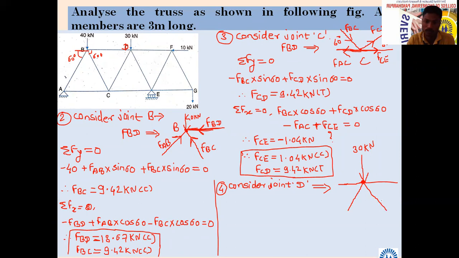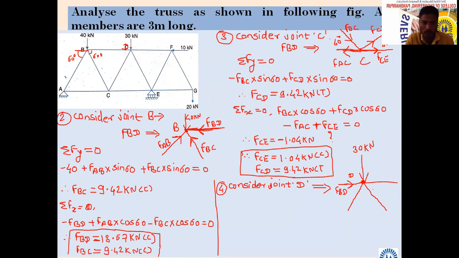Just check now, have we calculated force FBD? Yes, sir. How is it? 30.67. Compressive in nature. Compression is towards the joint, means FBD, I will draw towards the joint.